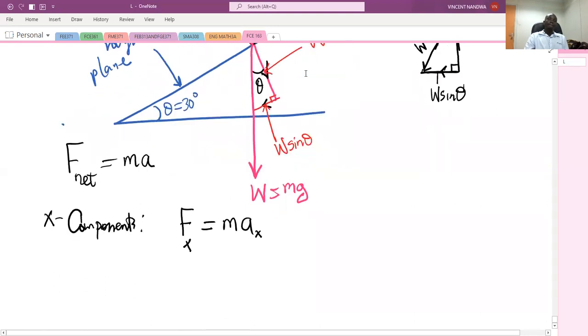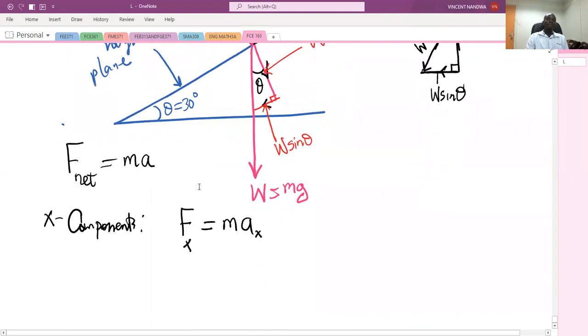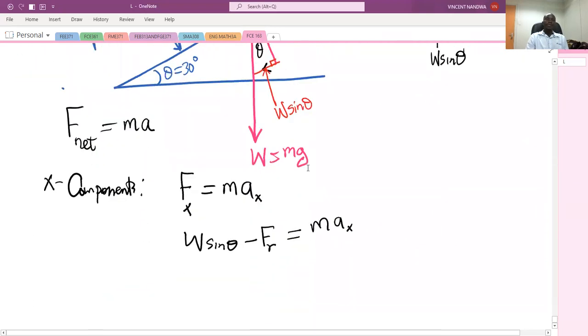So taking this to be the positive direction, then you'll have W sine of theta minus frictional force should give us m ax. And we've been told that the acceleration is 1. So this is the same as saying mg sine theta minus mu R is equal to m times 1, just m.